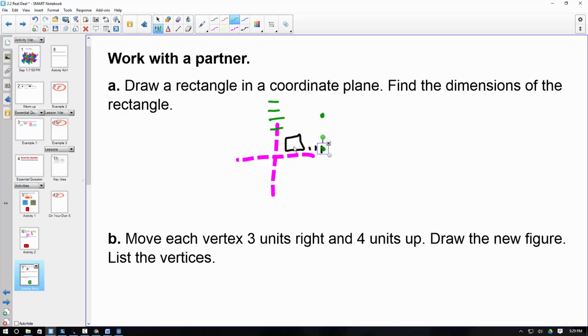And all these points get moved over 3 and up. So I now have this new shape, which if I did it properly, it would fit right on top of this one. But it is moved up 4 units and over 3.